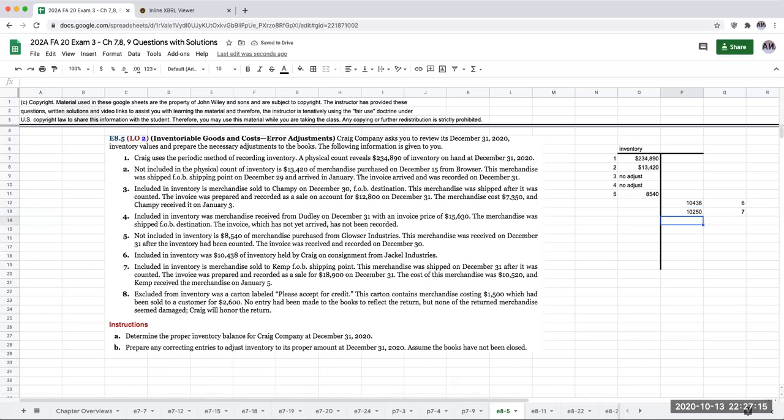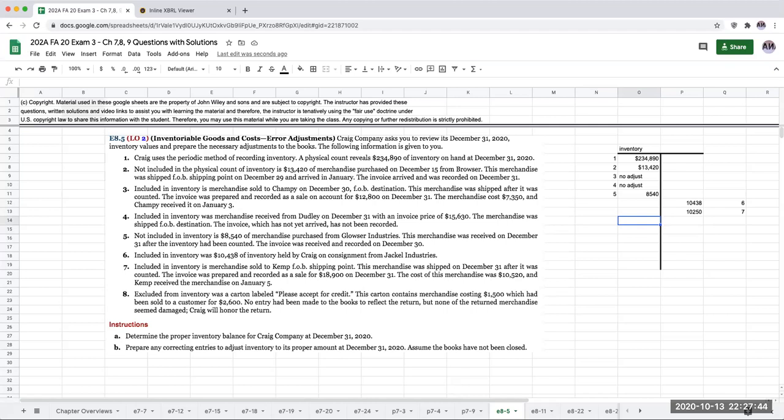Okay. So number 8, excluded from inventory was a carton labeled "Please accept for credit." This carton contains merchandise costing $1,500 that had been sold to a customer for $2,600. No entry had been made on the books to reflect the return, but none of the returned merchandise was damaged. Craig will honor the return. So I've received inventory back from a customer.